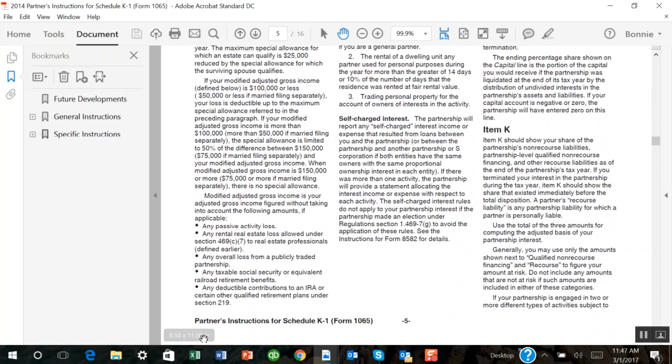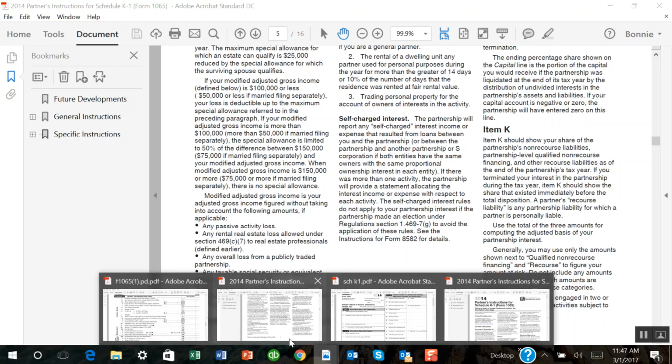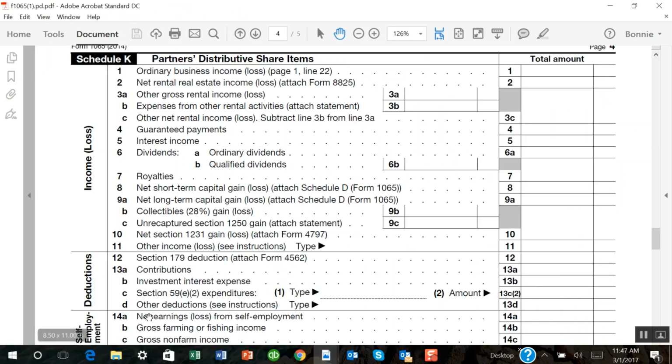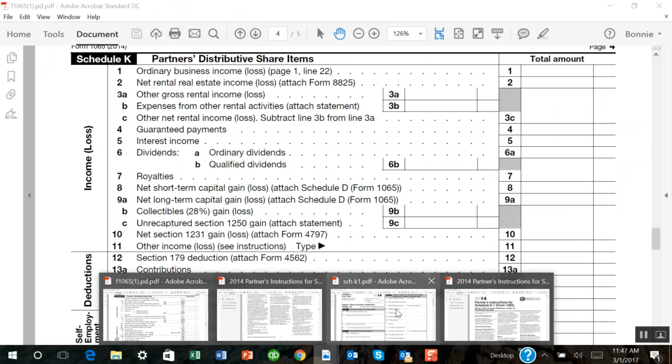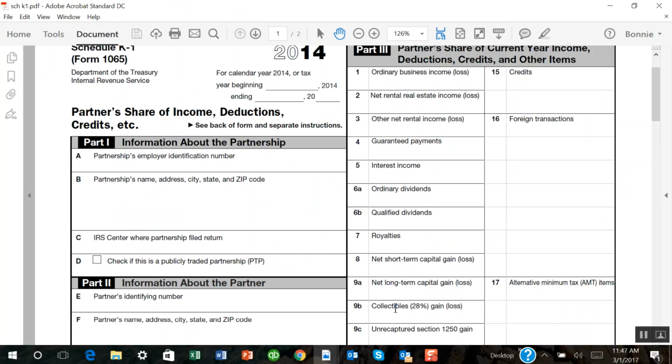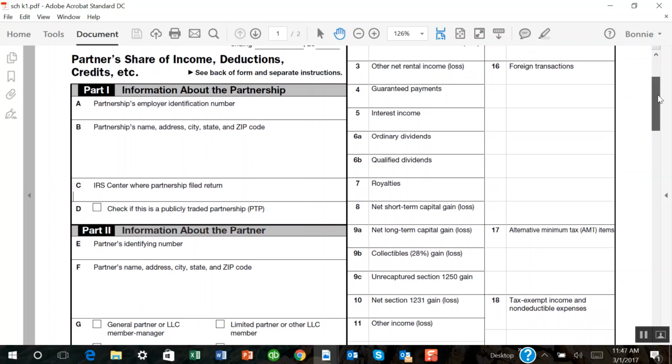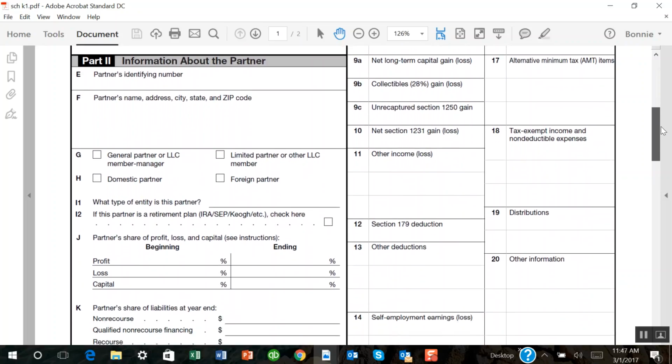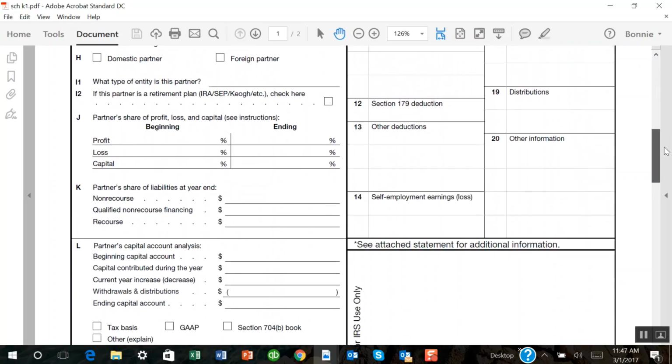So I wanted to point that out to you before we go back to the form so that you can see that it is helpful to have the instructions in front of you while you're filling this stuff out. Once we get done filling out the information about the partnership and the information about the partner, here's where you list their beginning of the year P&L and capital share, and then the end of the year. Now, in our example, I think it's the same for Mark.